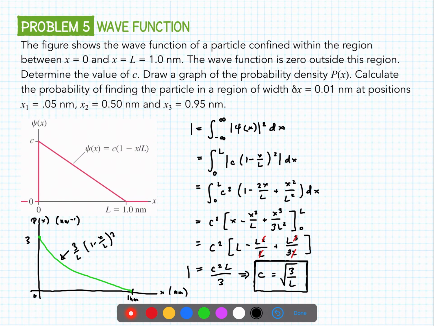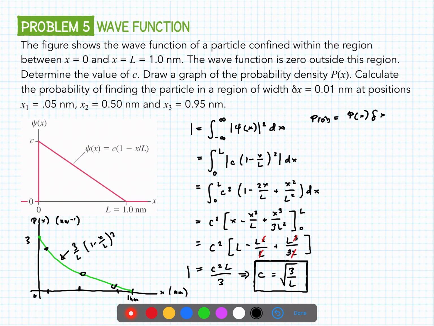So in order to find the probabilities, we want to find at x1, which would be somewhere over here. Then we want to find at x2, which would be somewhere halfway, and then at x3, which is almost near the end. So we're looking basically for these 3 values. And remember, the probability is best found by p of x delta x.